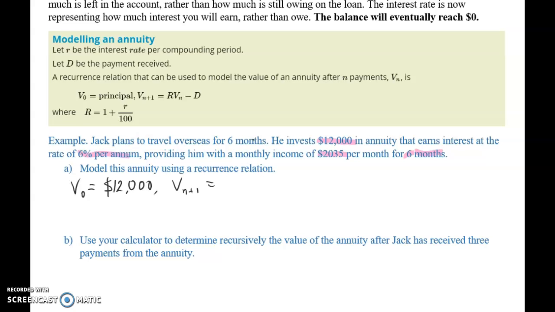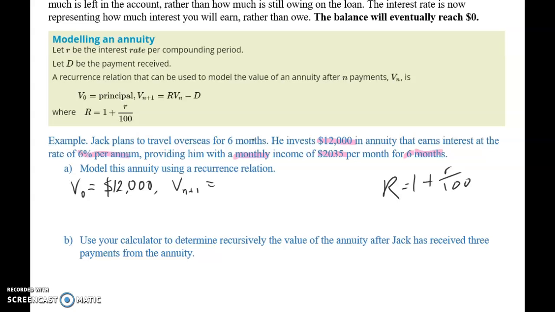So the next part of the relation, we work out the recurrence. So Vn+1 equals R times Vn minus D. To work out R, we need to use 1 plus R over 100. Now we have to remember that it is compounding monthly because it talks about monthly income there.